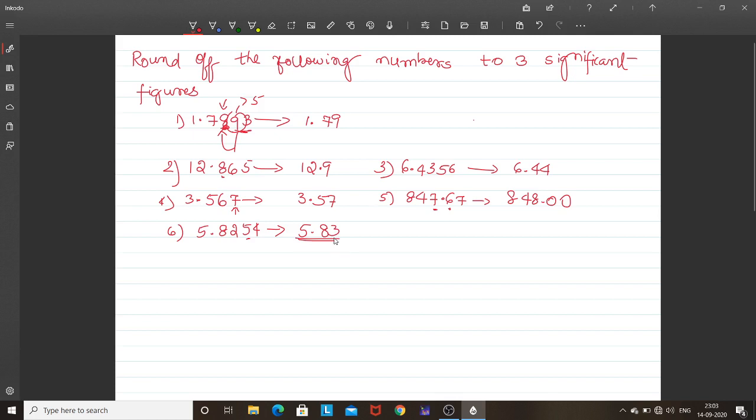Okay, let me look into the second set of questions. Round off the following numbers to 4 decimal places.